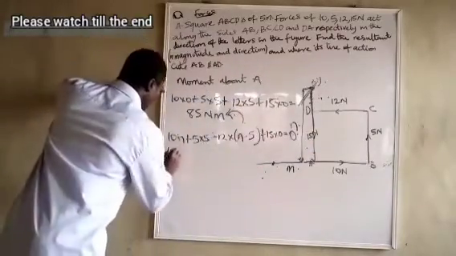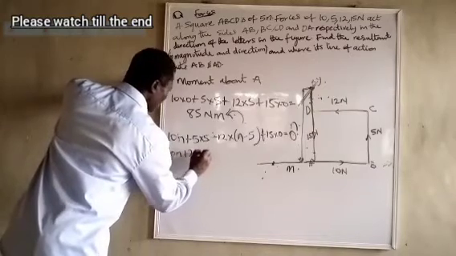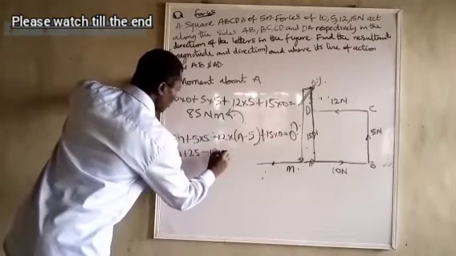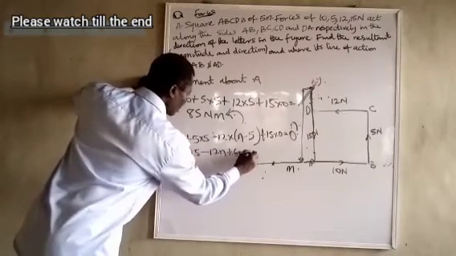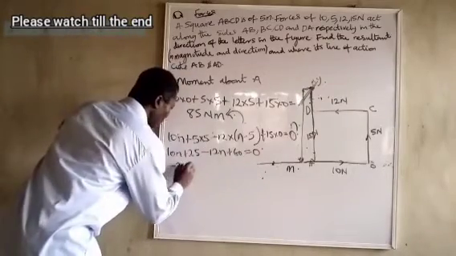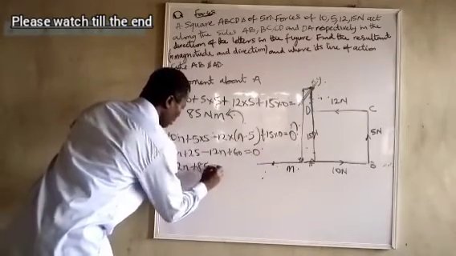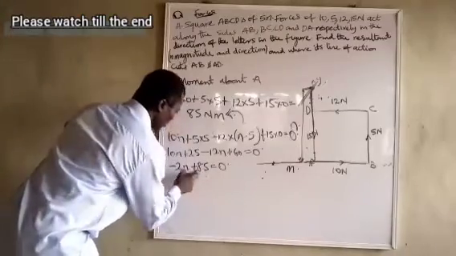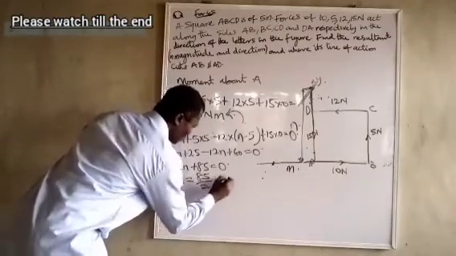Now I have 10n plus 25 minus 12n plus 60 equals 0. So what do I have here? I have minus 2n plus 85 equals 0.